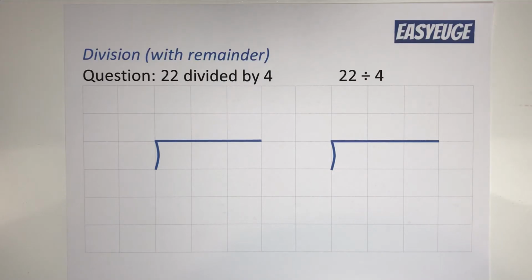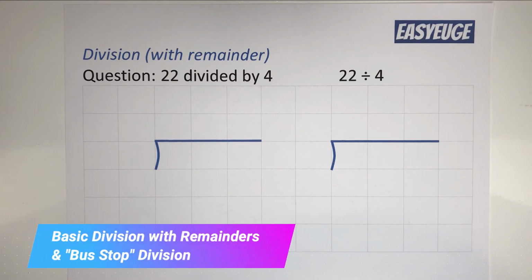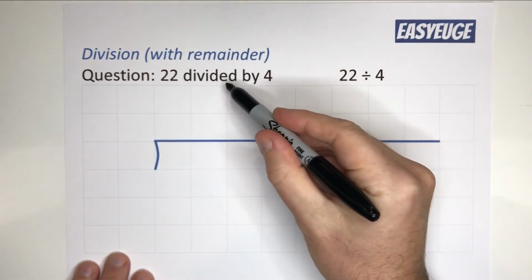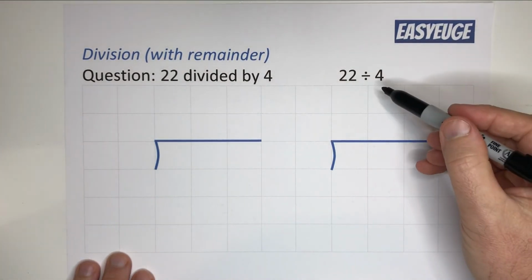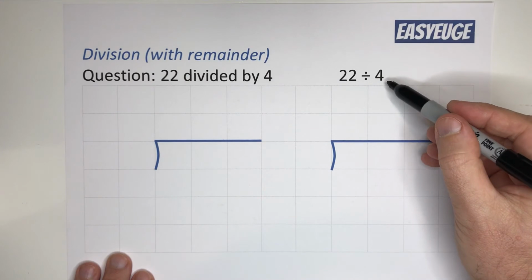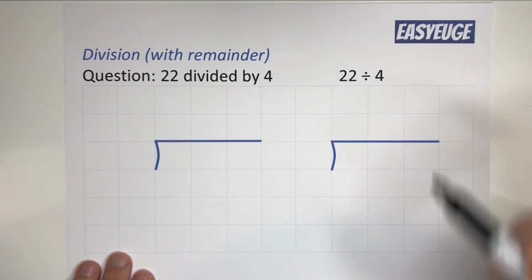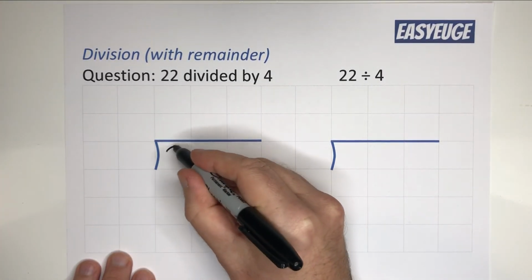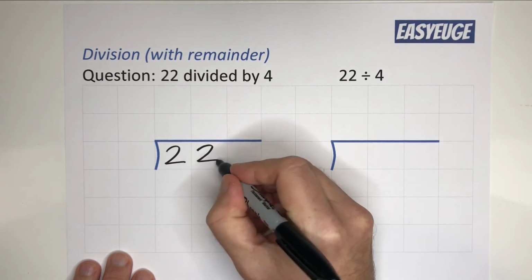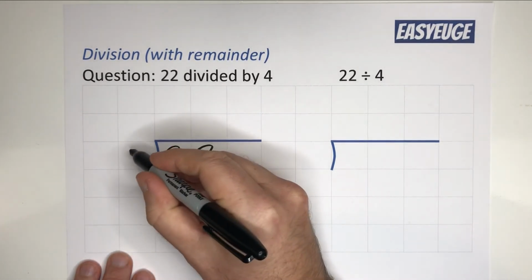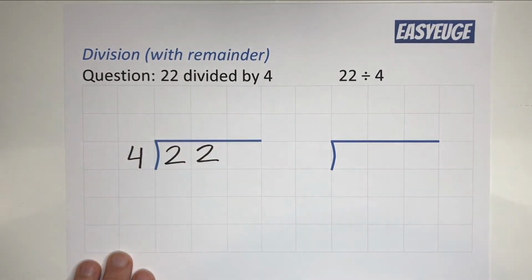The next level up is to take a larger number and divide it by a smaller number. So here we have the question 22 divided by 4, and as you know by now, it's also written down as 22 divided by 4. So let's write it down. We'll put 22, that's the number we're dividing up, and we're dividing it by 4.